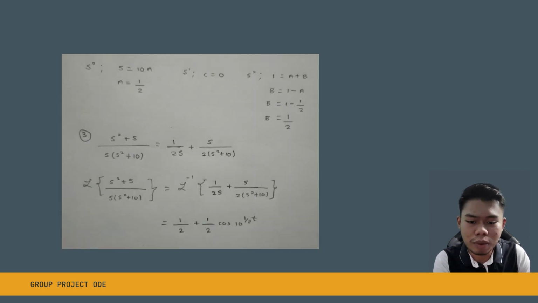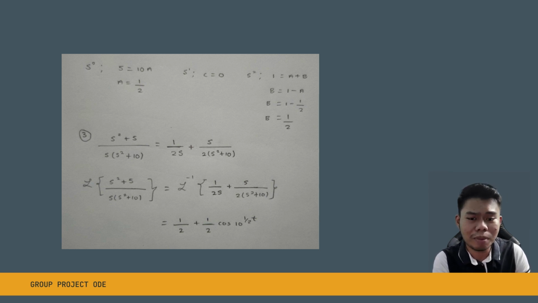After we get the general equation, we use the coefficient method to find A and B, using the equations from s to the power of 0, s to the power of 1, and s to the power of 2. So we get A is 1 over 2 and B also 1 over 2.